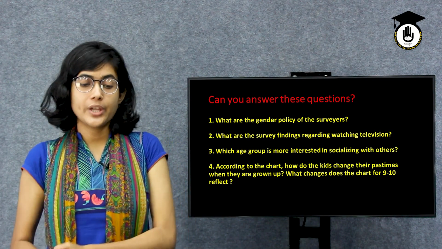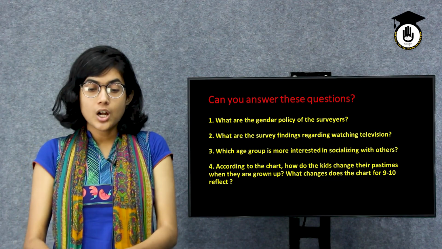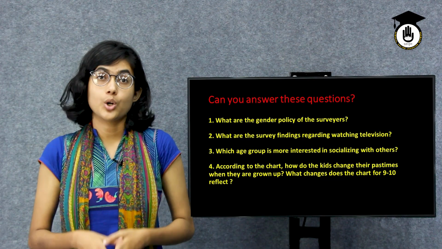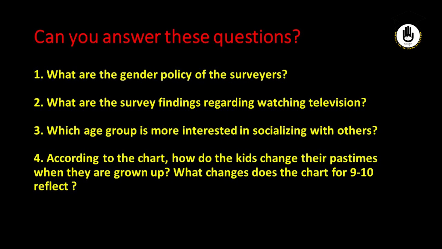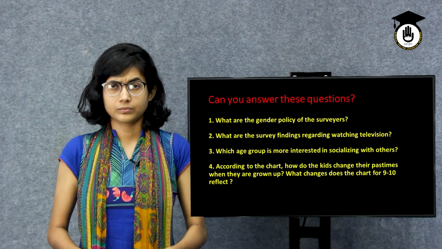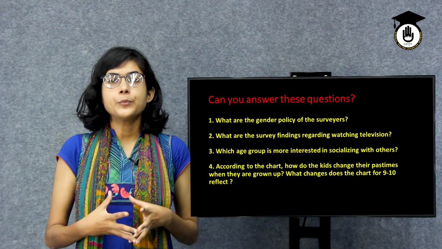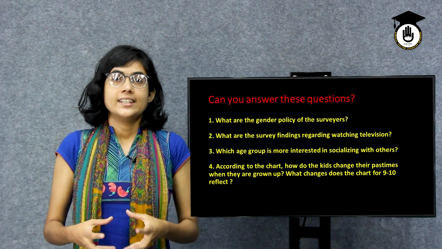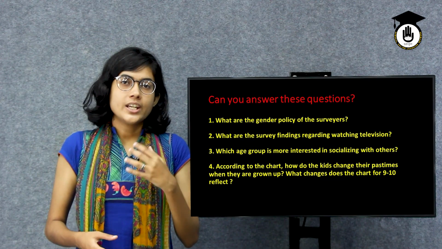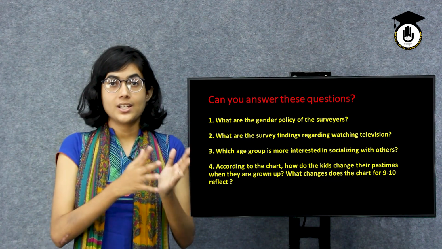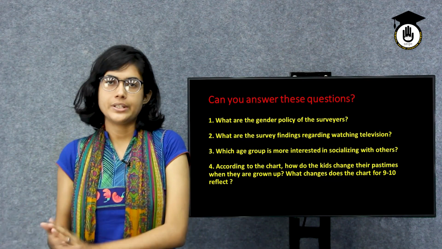The last question we have is, according to the chart, how do the kids change their pastimes when they are grown up? What changes does the chart for 9-10 reflect? So if we look at the presentation of Tia again, we can see how the changes of pastime preferences are shown from class 5 to 6 to class 9 to 10, right?